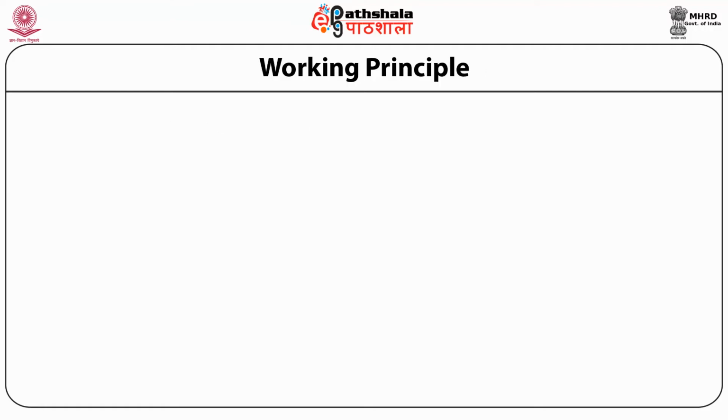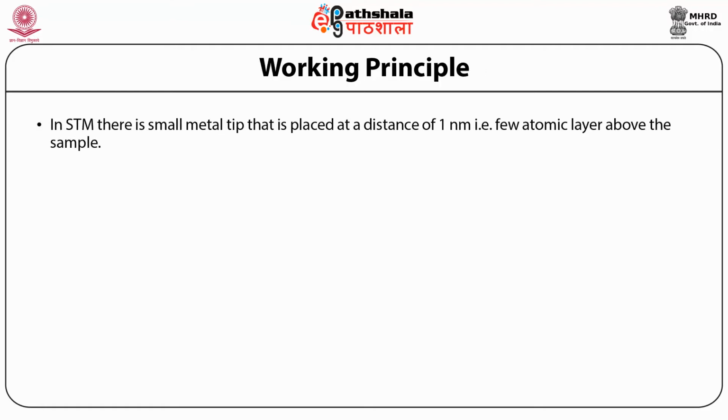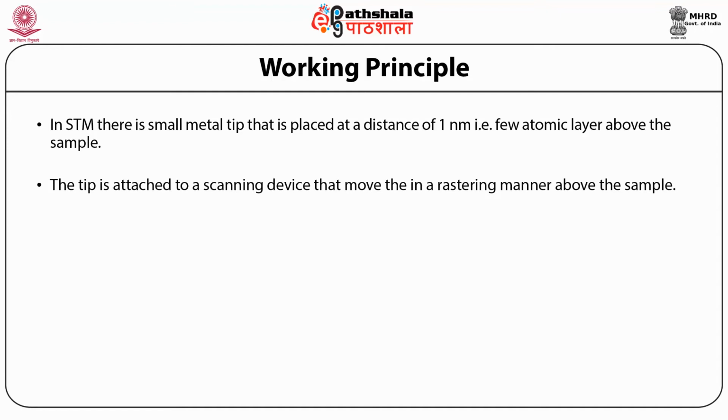Working principle. In STM, there is a small metal tip that is placed at a distance of 1 nanometer, that is a few atomic layers above the sample. The tip is attached to a scanning device that moves in a rastering manner above the sample.